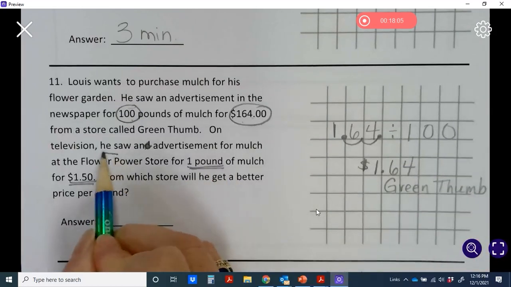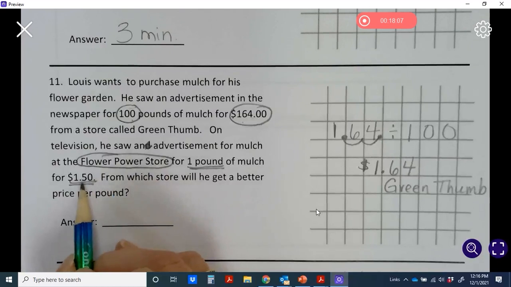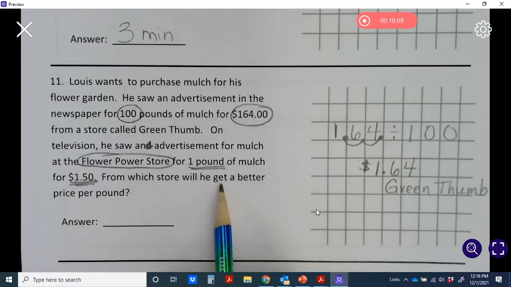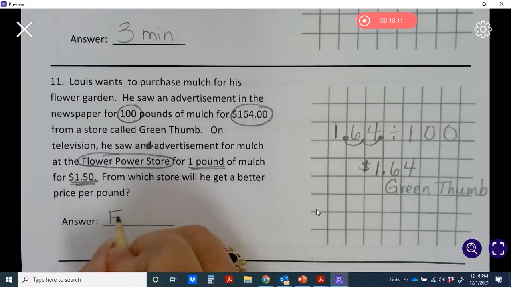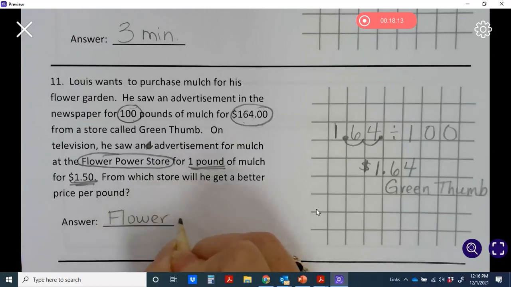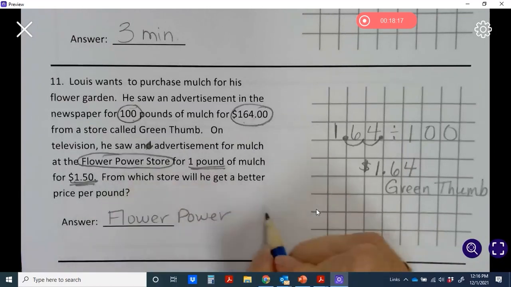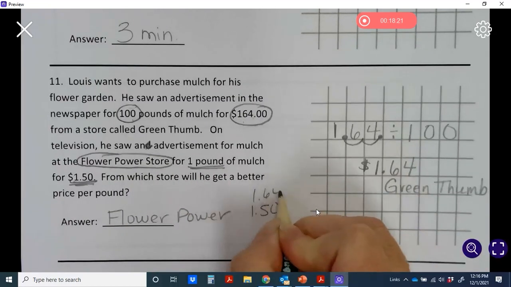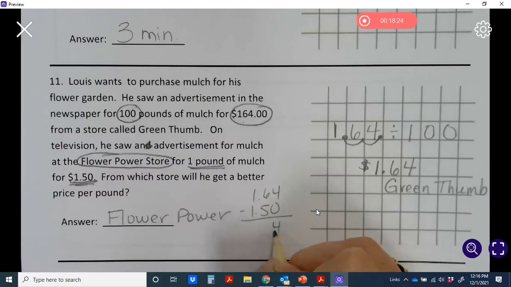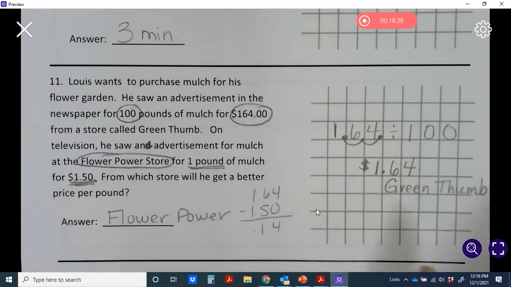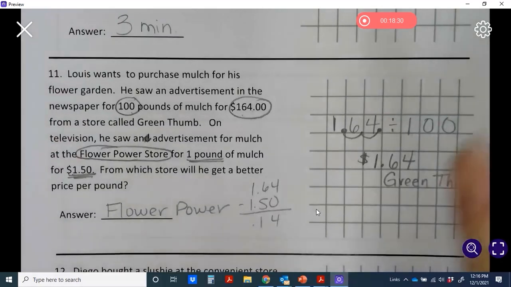And then for the Flower Power Store, it's $1.50. So to get the better deal, you're going to go to Flower Power, because this one's $1.50, and then Green Thumb's $1.64. So you're talking 14 cents difference, assuming they are the same quality. That would be a better deal. Okay.